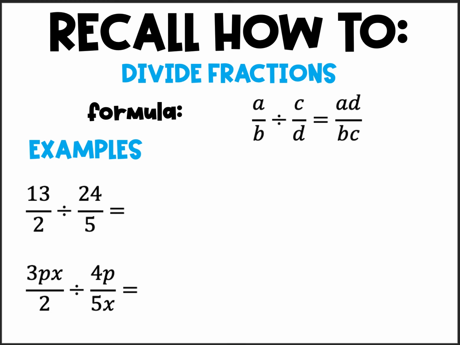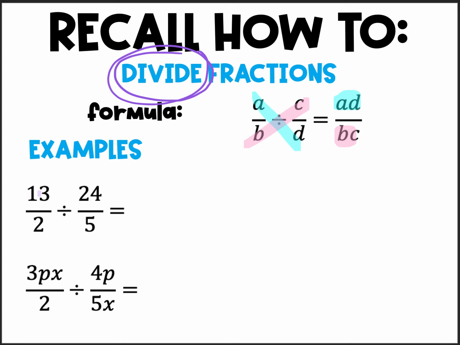I will use the cross multiply. If I have a over b divided by c over d, I cross multiply a times c, put it in my numerator, b times c, and put it in my denominator. This only works for division, only for division.